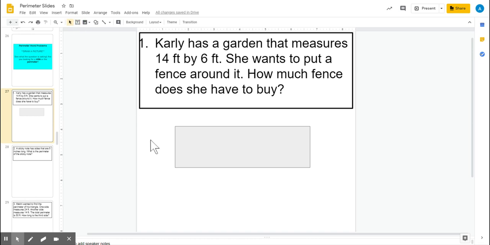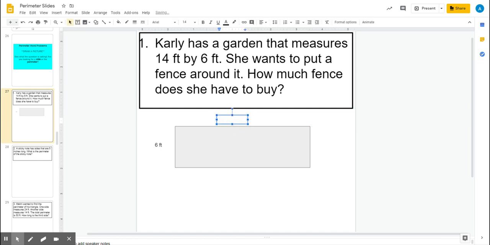So again, click right here, text box. You just make a small little one. It didn't do it. Click. There we go. And you click and drag and make a small one. We're going to double click inside, and we're going to say that this is 6 feet. And then you can keep doing that. So click, drag a box.